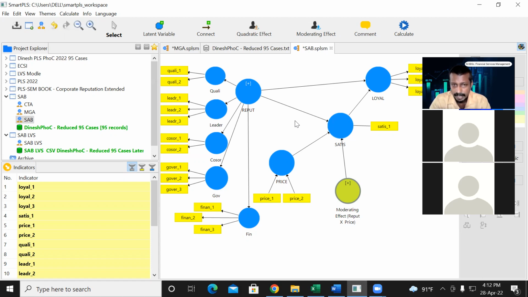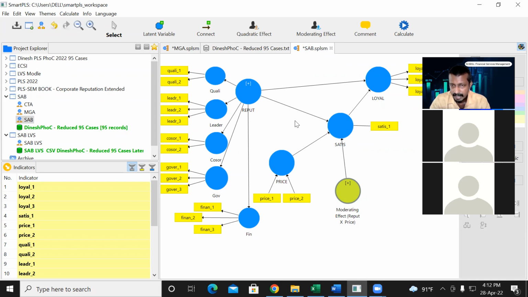One is reputation, let's say reputation. The other one price, the other one satisfaction, and the fourth one loyalty. What's the last variable which I want to predict? Loyalty. Yes, loyalty. That's the indigenous variable we call, right?